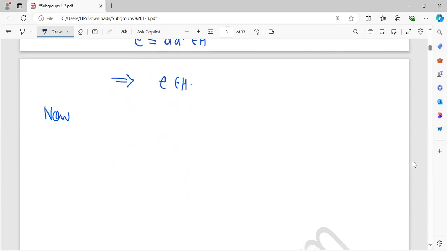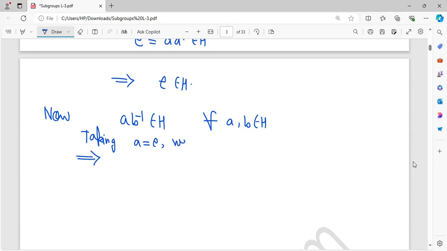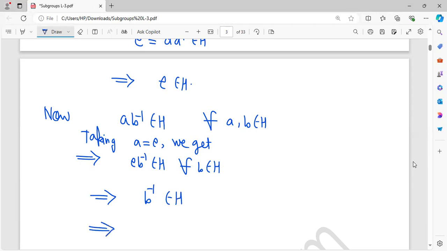Now AB inverse belongs to H for all A, B belongs to H. So now I'm taking A is equal to E. Taking A is equal to E, we get E B inverse belongs to H for all B belongs to H. So this is identity, and we can write B inverse belongs to H for all B belongs to H. Or we can write A inverse belongs to H for all A belongs to H. The meaning is the same.